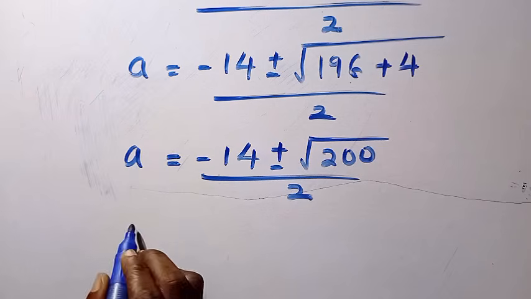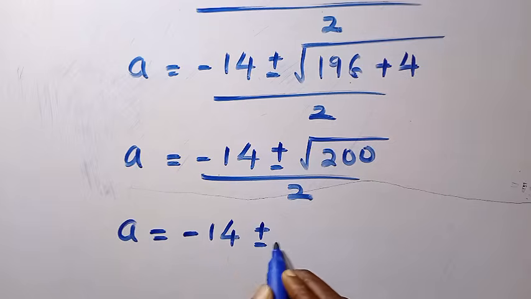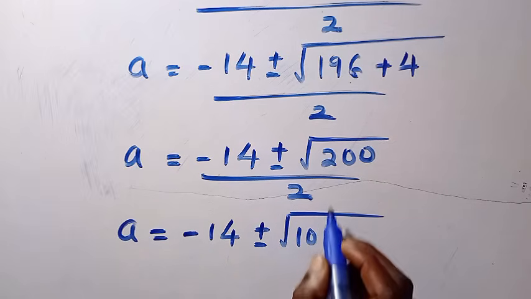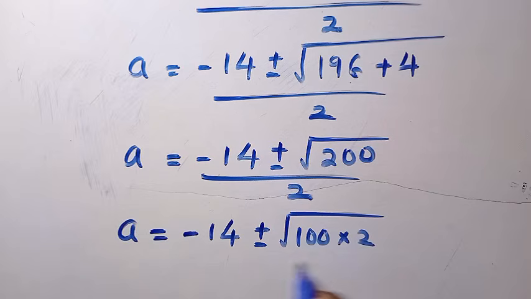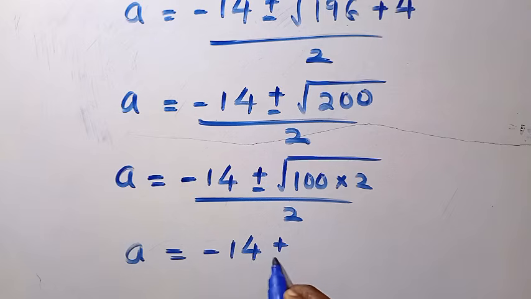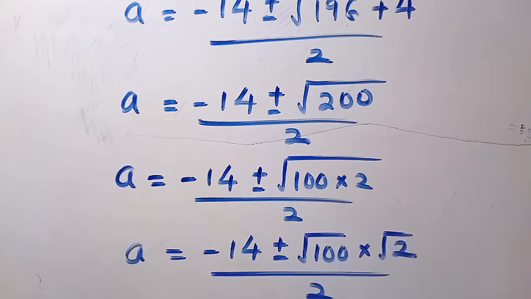Then we have a equals minus 14 plus or minus square root of 200, which is 100 multiplied by 2, all divided by 2. Then we're going to split this as a equals minus 14 plus or minus square root of 100 multiplied by square root of 2, all divided by 2.